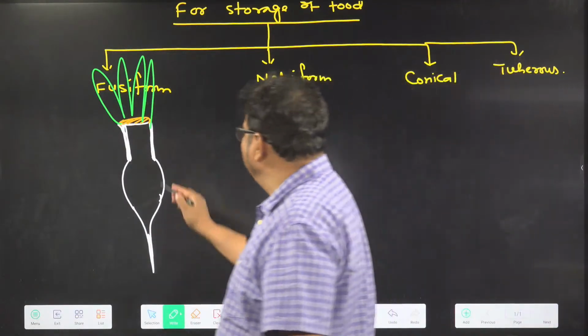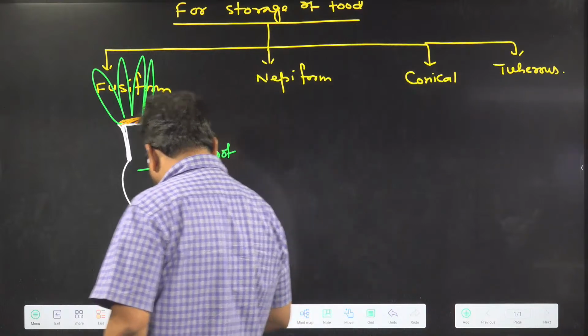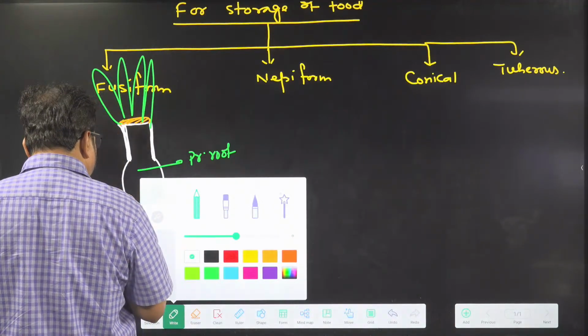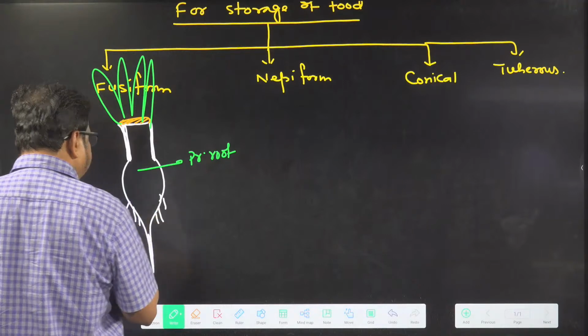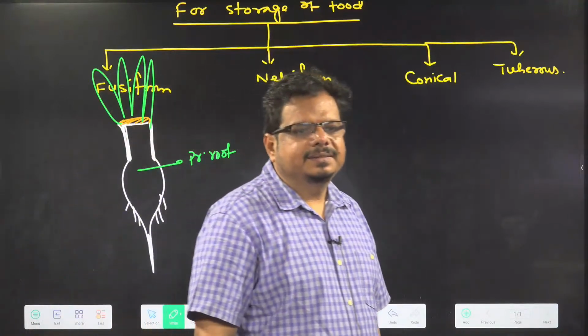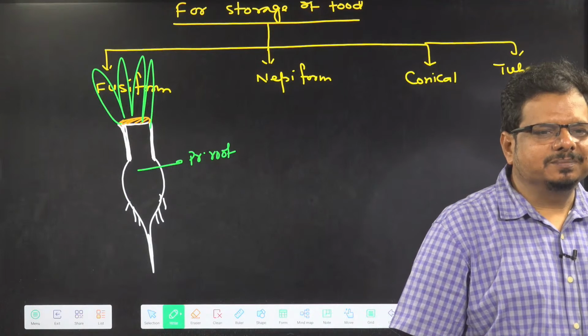It is the primary root, swollen with food. It becomes too swollen due to storage of food. And then small secondary roots you will find arising like this. Secondary and tertiary roots arising like this. Getting the things or not? So what is the example of fusiform? Who will give the example of fusiform?